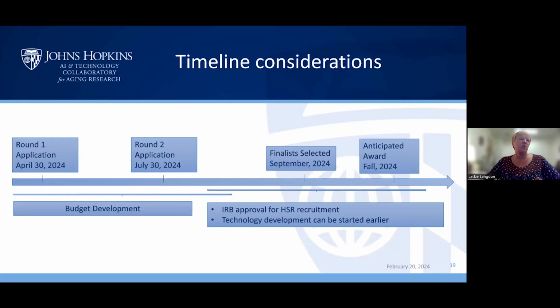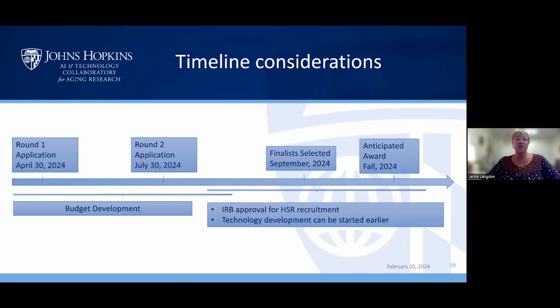So during round 1 and round 2, you're going to have a budget. You're already going to have to know what the possible awards are and how you intend to spend it. That budget development will probably be a process between round 1 and round 2, trying to help you hone in and narrow in on all of the considerations that the reviewers have and so forth.